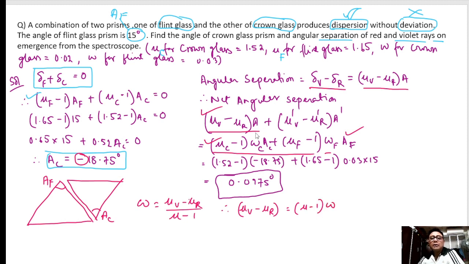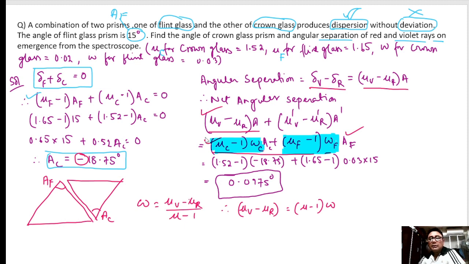So this is our mu v minus mu r, and that is into A, and then it was into A. Same thing here. So please note. This is the dispersion. This is the angular separation into AF.